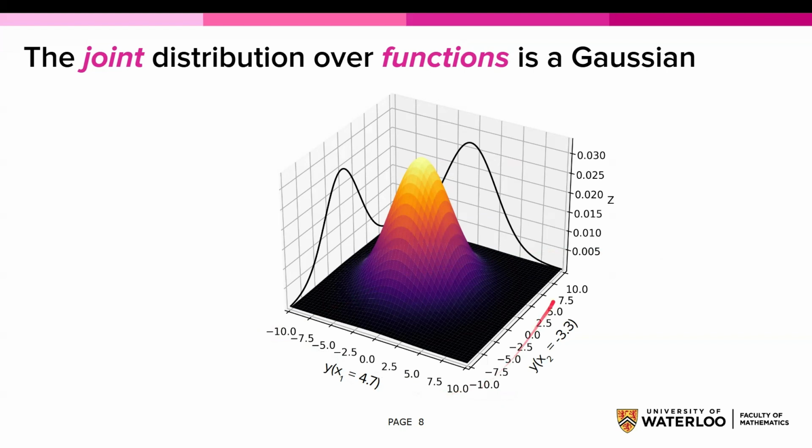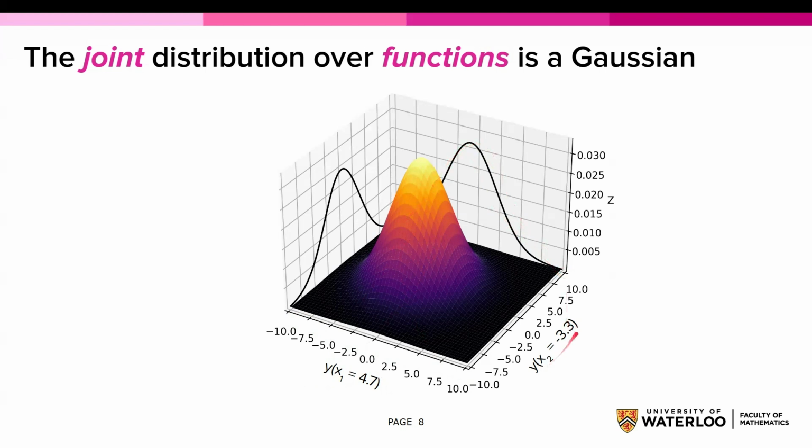So for example, if we picked some x of 4.7 and found the distribution over function values y, given the posterior distribution over the weights, then we would see a Gaussian for that input point.